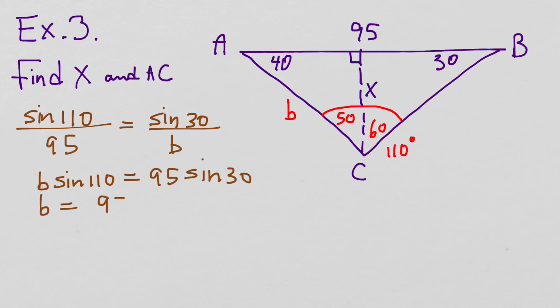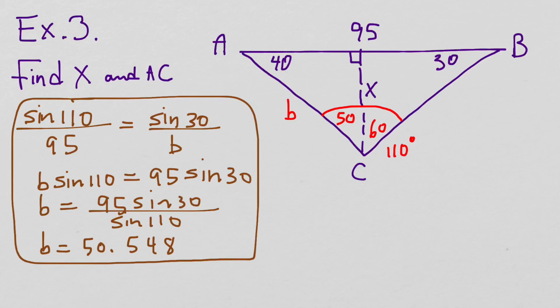B is 95 sine 30 divided by sine 110. All right, so that comes out to, if I type it into the calculator, 50.548.